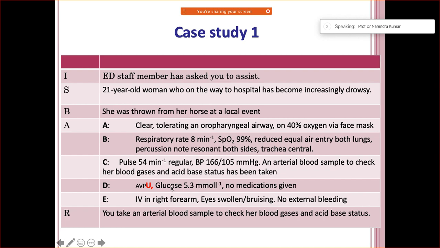ABG was done. Check the blood glucose level as well. Normal. IV in the right arm has been put up. In fact, the eyes are slightly swollen. Bruising is present. And now the doctor is being called. So this is a specialist protocol.